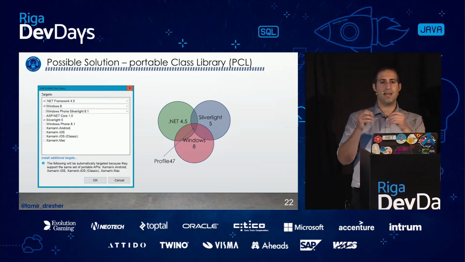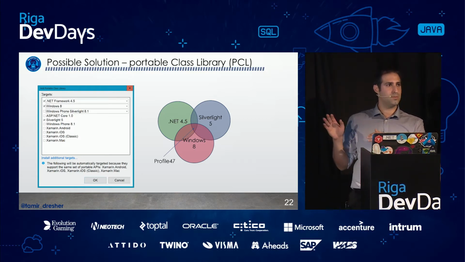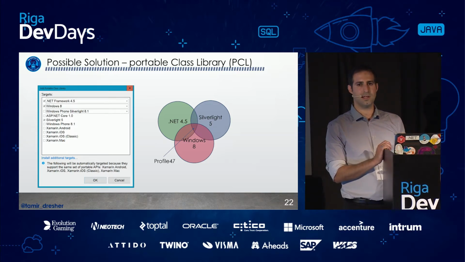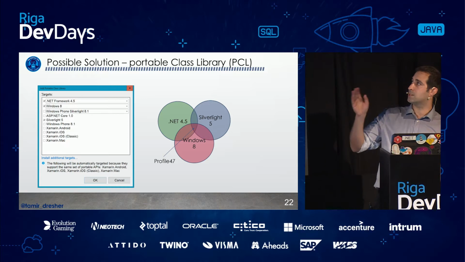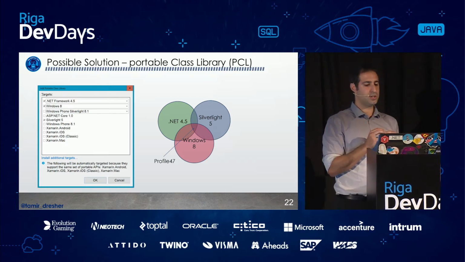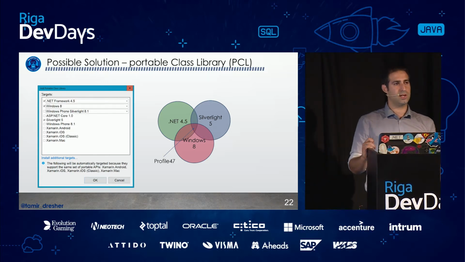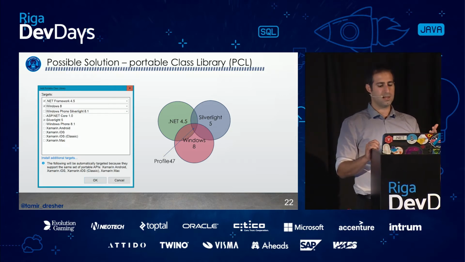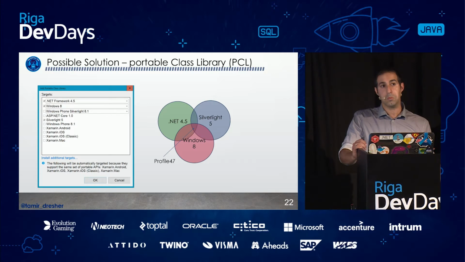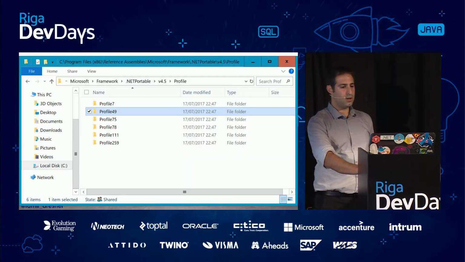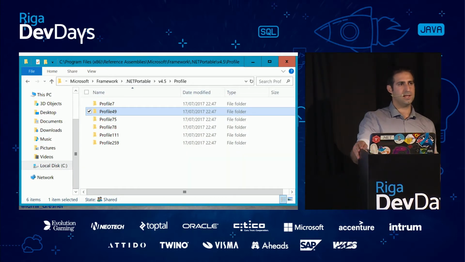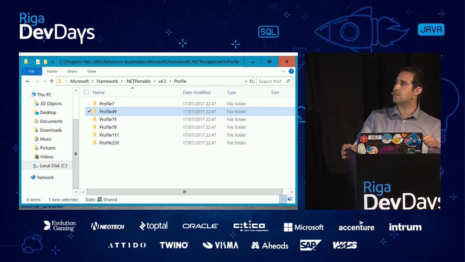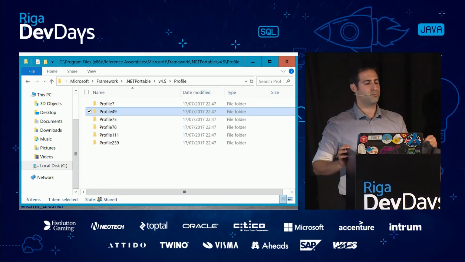And basically, every intersection between those targets was given a unique identity as a profile. For example, the intersection of the APIs that you can use with .NET 4.5, Silverlight 5, and Windows 8 was called Profile 47. Now, on your dev machine, in the installation of the .NET Framework, you will see a folder for each one of those profiles.